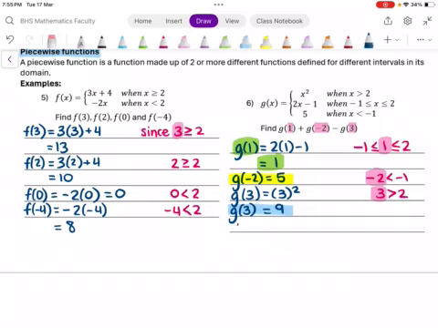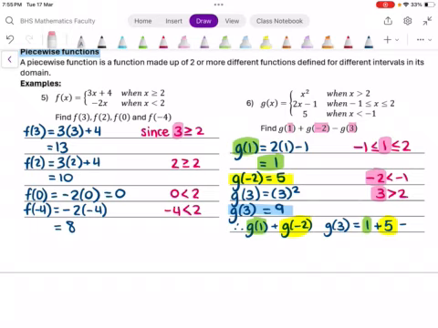So therefore, we want to find g of 1 plus g of negative 2 minus g of 3. So this will equal, well, g of 1 is 1, plus our g of negative 2 is 5, minus our g of 3.